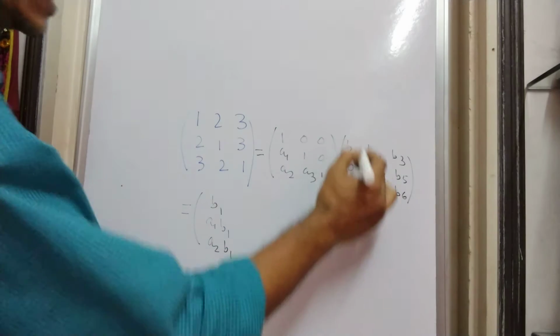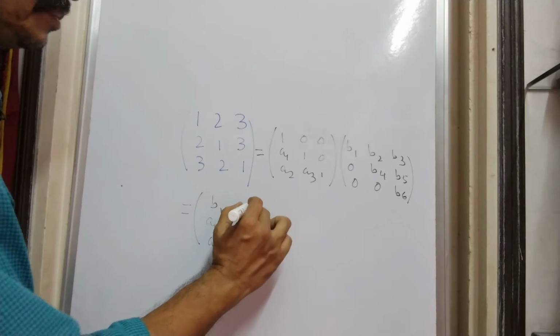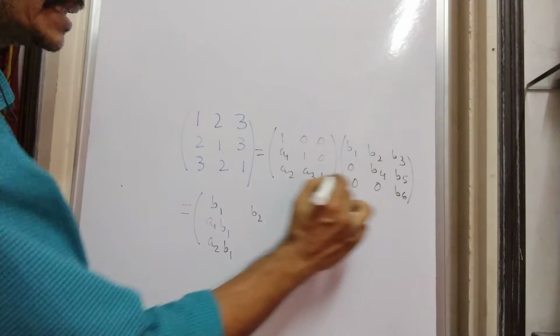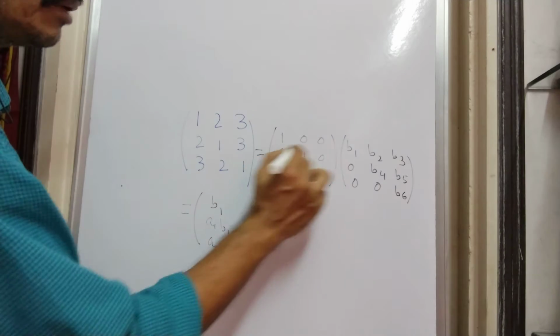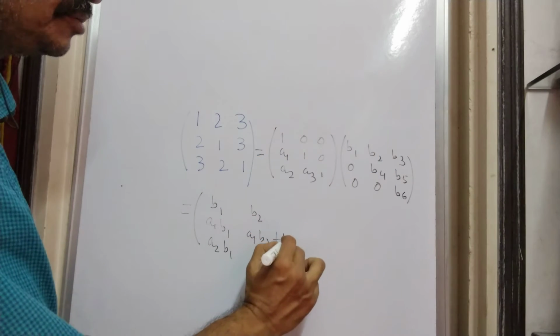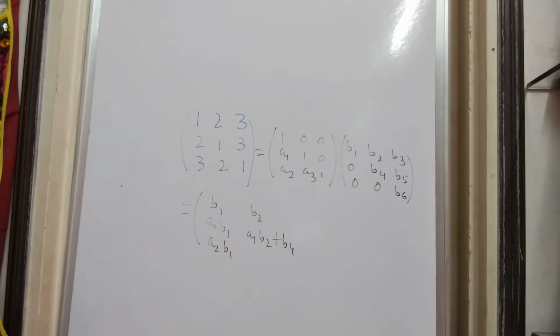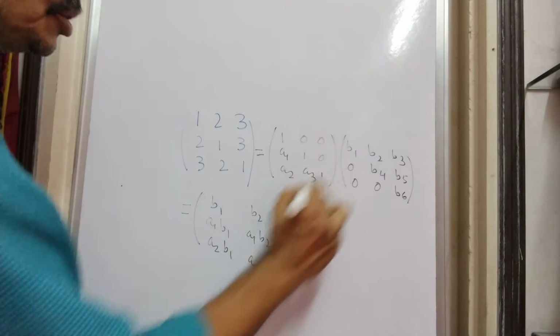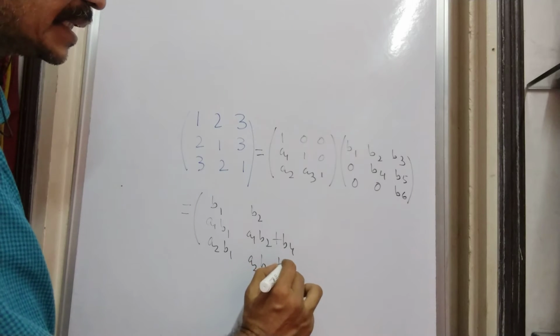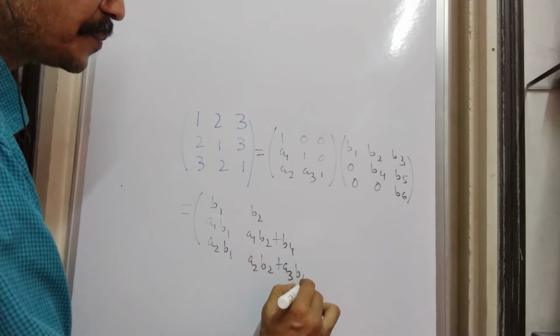Then the second column with the first row gives B2. Second column into second row gives A1 B2 plus B4, and second column into third row gives A2 B2 plus A3 B4.